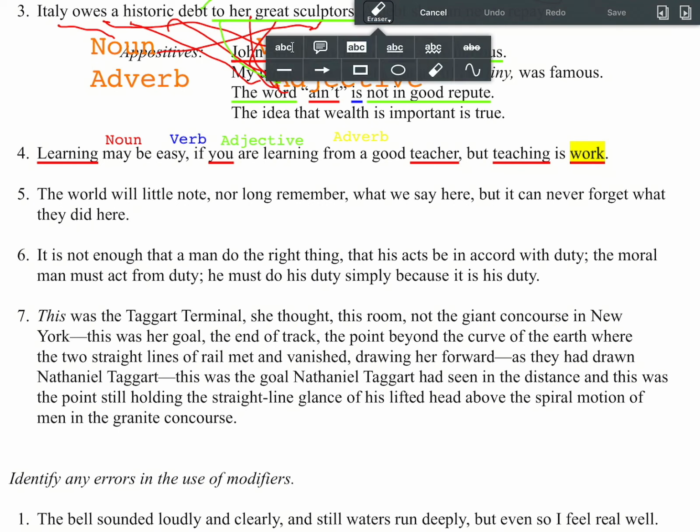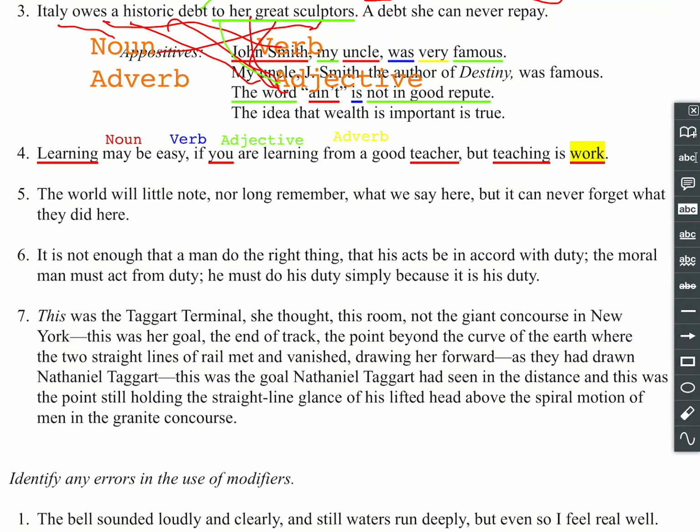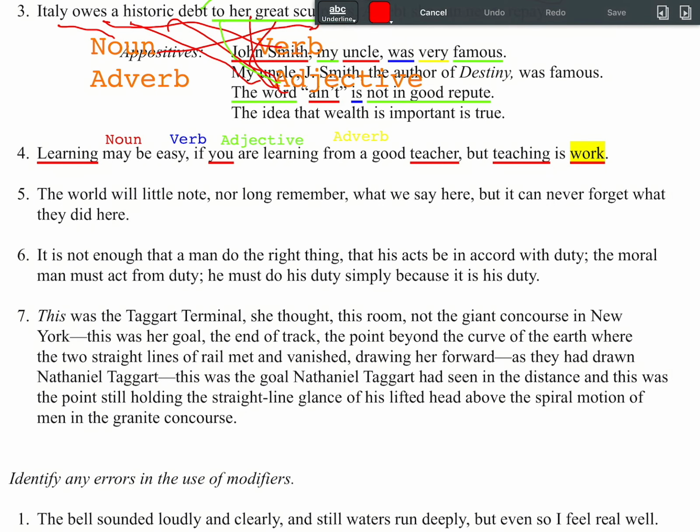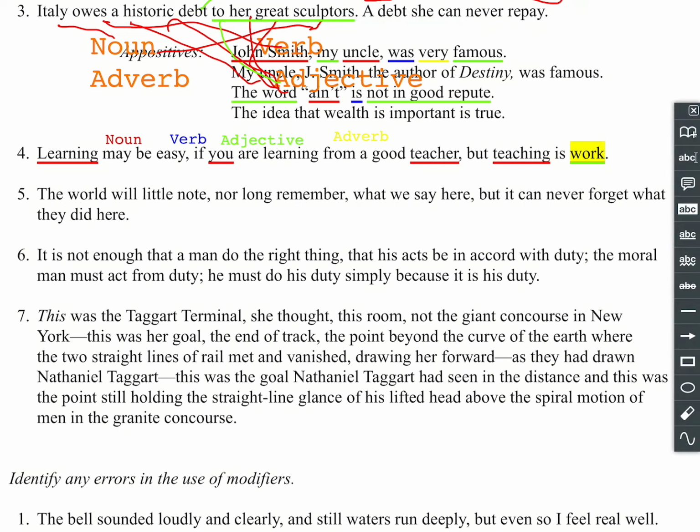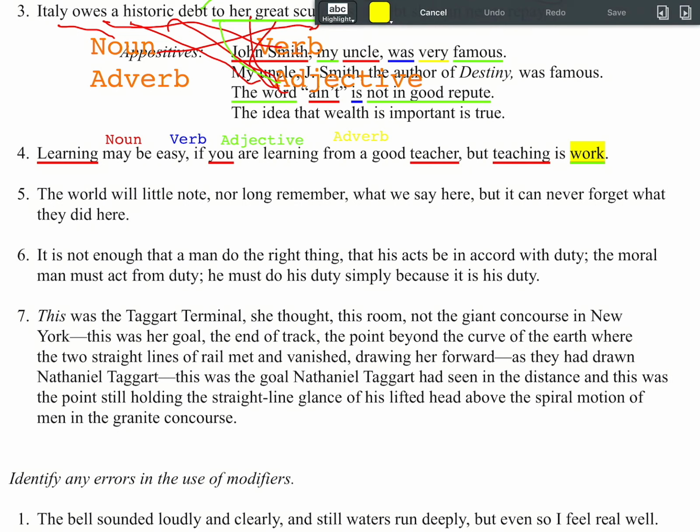That's not working. Okay, I know how to write over it, so I can go to adjective and write over it and save that. And I can go to highlight and, I'm gonna Google this.